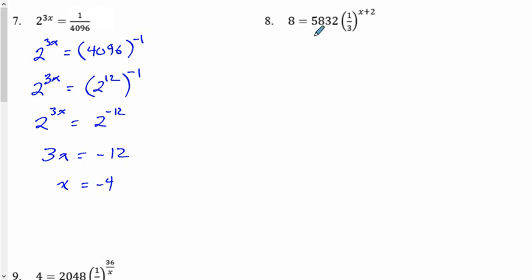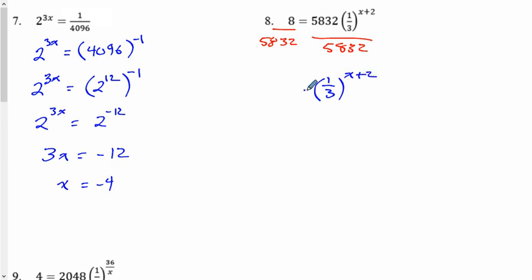5,832. If I do it on the right side, I have to do it on the left as well. Now, as I'm dividing, let me just fix the right side. That'll be a 1/3 to the x plus 2.